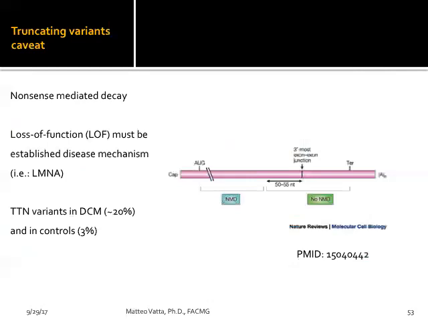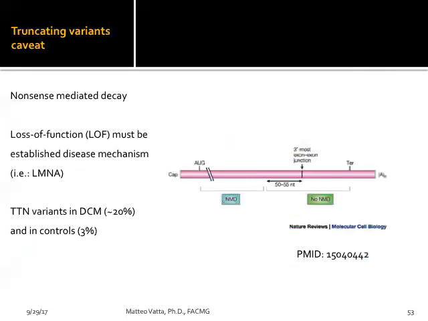Conversely, if the same type of variant is identified in another gene causing hypertrophic cardiomyopathy, myosin binding protein C3, then we will confidently call this variant likely pathogenic, because we know that haploinsufficiency of myosin binding protein C3 is a cause of the disease, while for myosin heavy chain 7, haploinsufficiency seems to be quite tolerated.